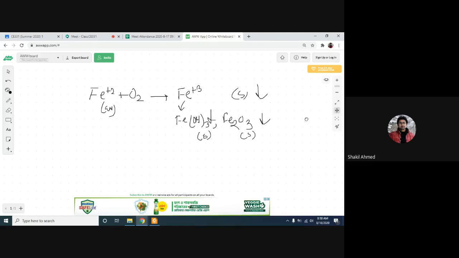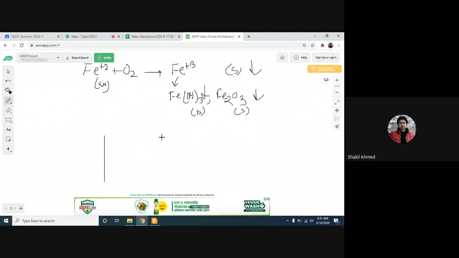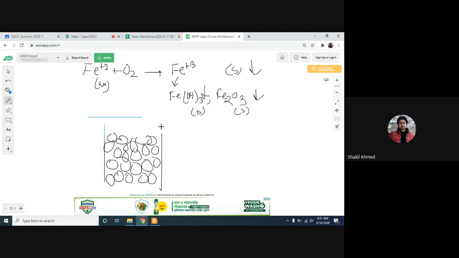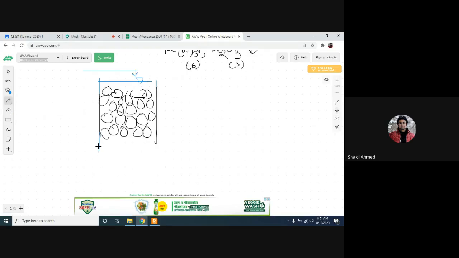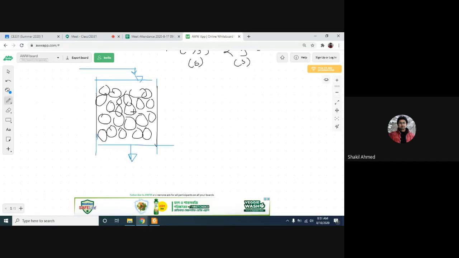Now, for example, you have a filter, and these are gravel particles, and you're passing water. This is the filter media, and the water is filtering. Then the water is getting out from here. Now, what's happening here?